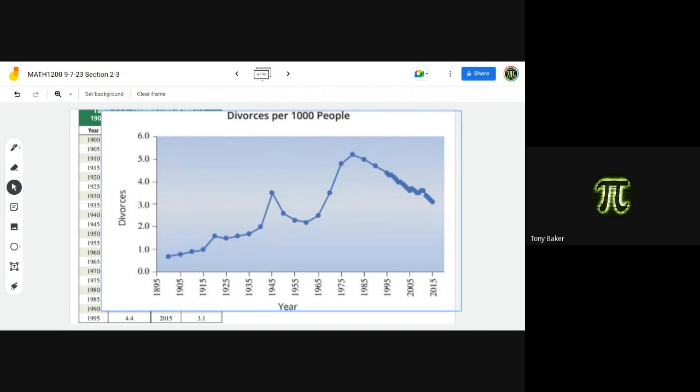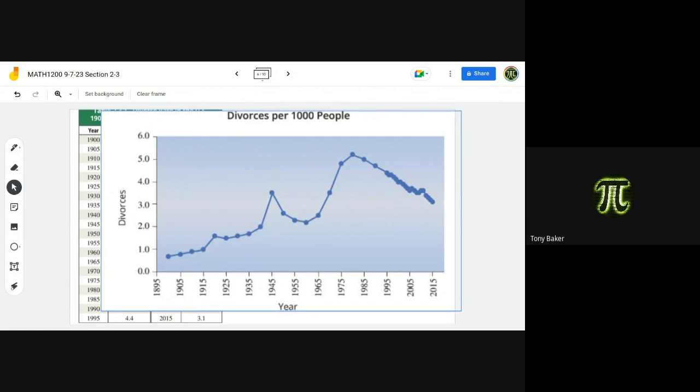It's gone up. Okay. If we look after the 1970s, what do we notice the trend is? It's high, but what's the trend? It's starting to decrease, right?